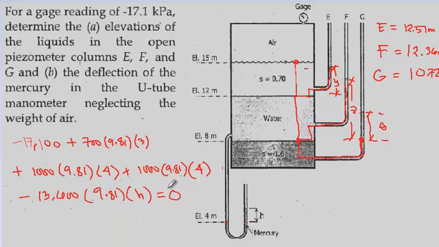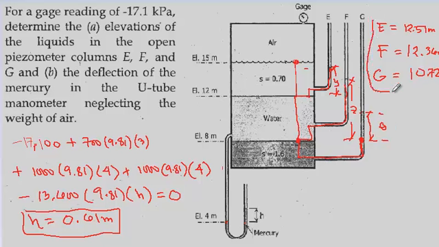Finally, we can get H to be. Okay, so here the height of the mercury column will be 0.61 meter. So, mauna siya ang mercury column, mauna siya ang H, and mauna siya ang mga elevation of the piezometers. Okay? Medyo taas, and medyo kapoy. Anyway, kaya.